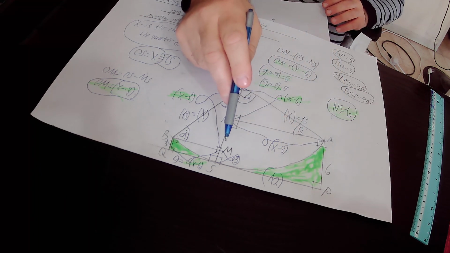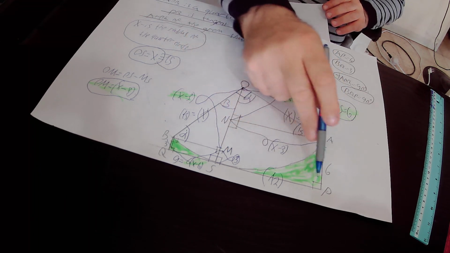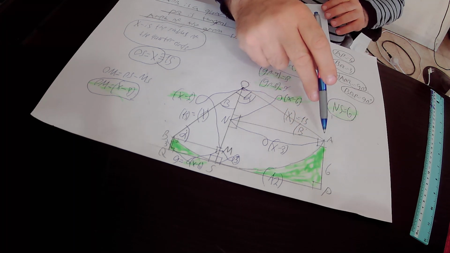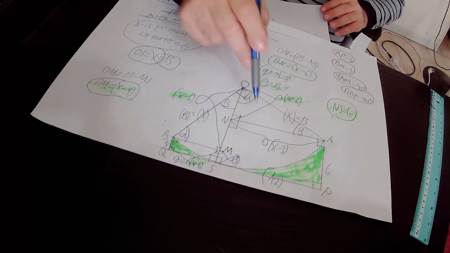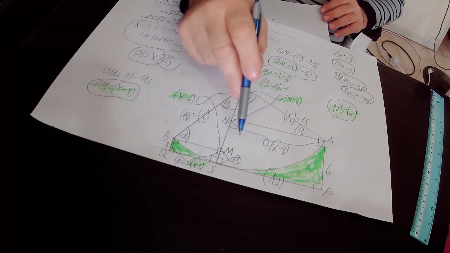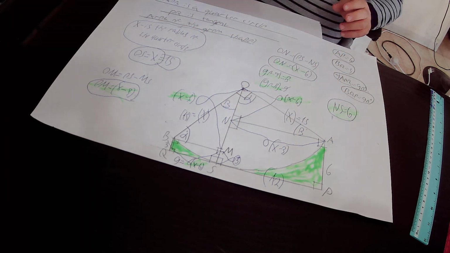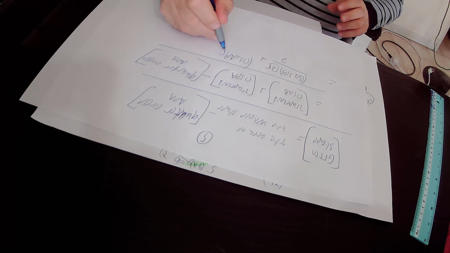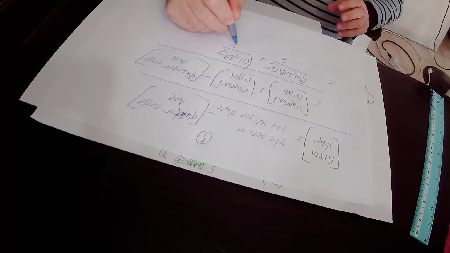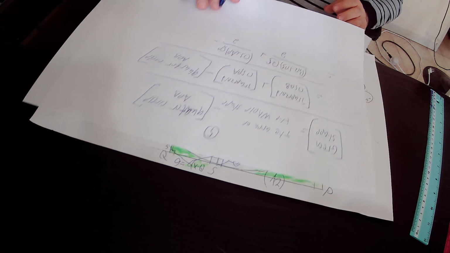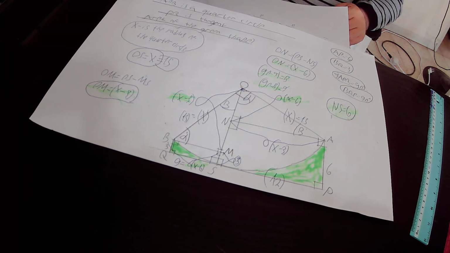And because side SP creates 90 degrees with the two bases AP and OS, SP is the height, divided by 2, minus the area of the quarter circle AOB.